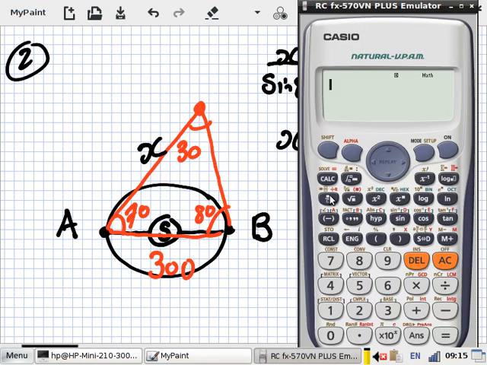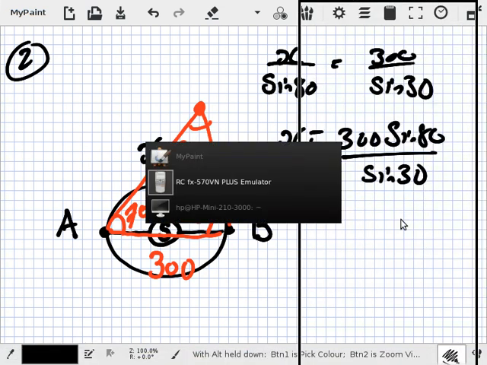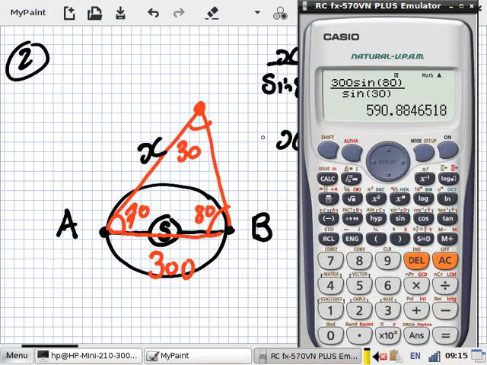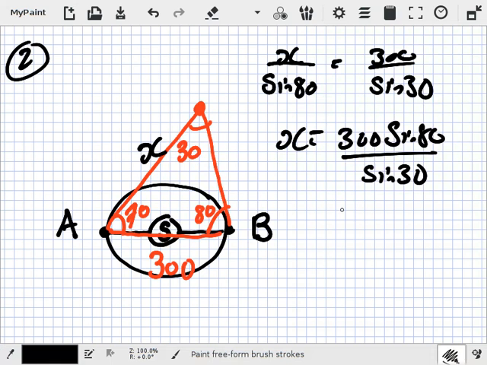Okay, 300 sine 80 over sine 30. Is that right? Yeah. 590.88. Okay, so I know this side now.